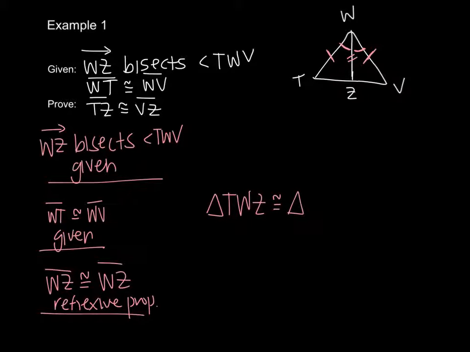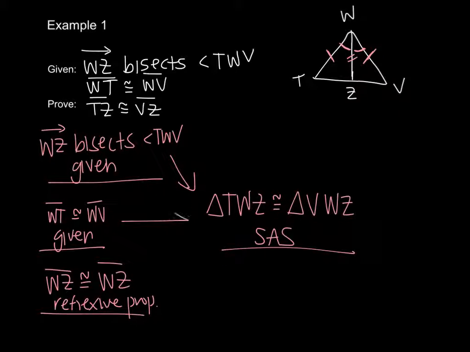So let's see, if I start TWZ, I'm going along the 1 hash mark and 2 hash mark. So I have to start here, go up the 1 hash mark, down the 2 hash mark. So that's triangle VWZ. And that's because of side, angle, side. So I had to use all three of those pieces to get there.